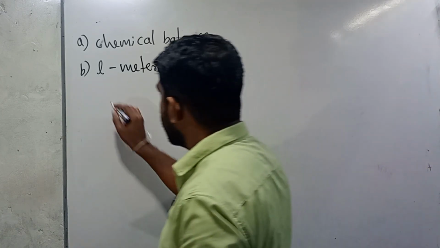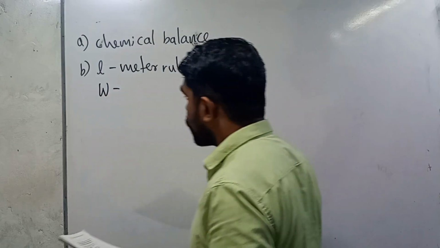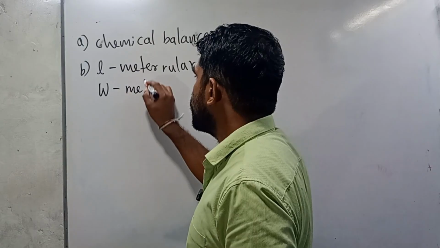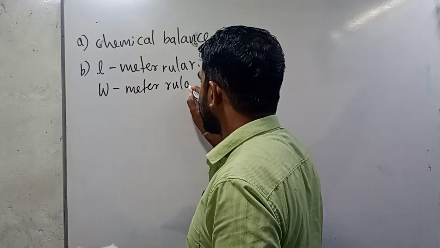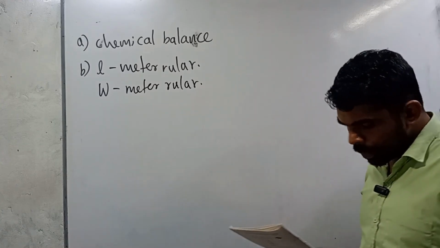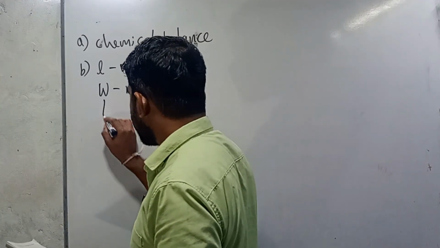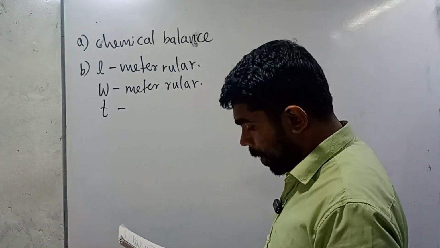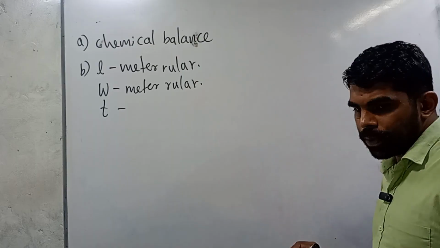Then width of the paper, W. Width is 21 centimeters. Again we can use a meter ruler. Then part 3, thickness of the paper, T. When measuring thickness, it is a small value.